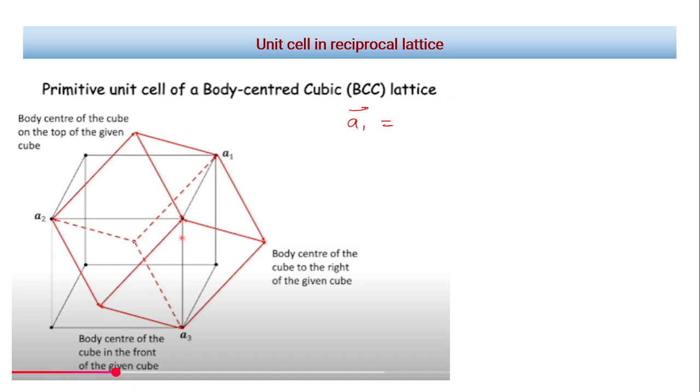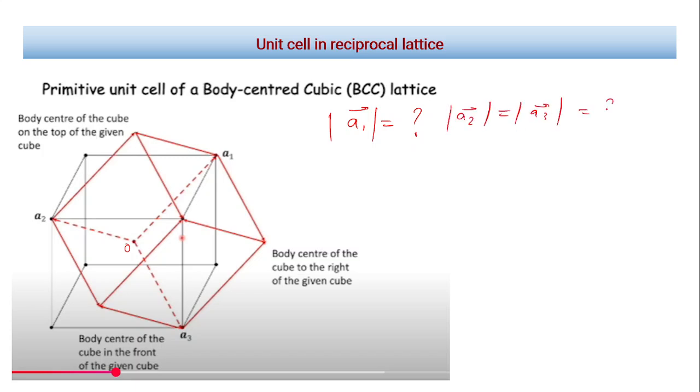This is A1 from the center of the cube to this corner. What is the length? And they all are same because these corner atoms, A1, A2 and A3, are connected with the body center. That means they all are at the same distance from the origin point, the body center atom. That means A1 is equal to A2 is equal to A3.